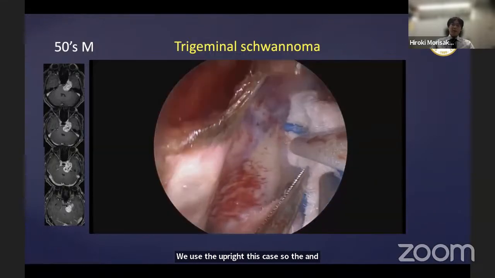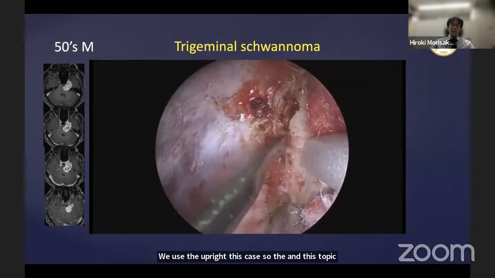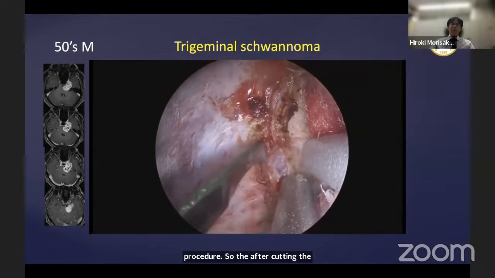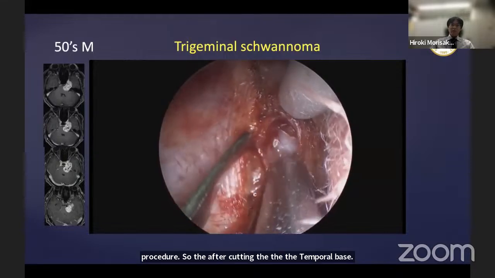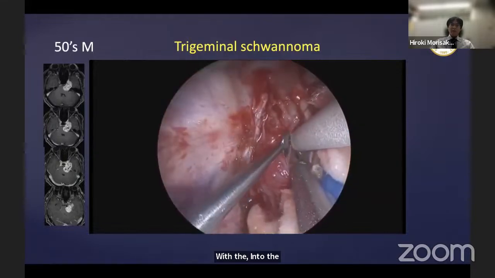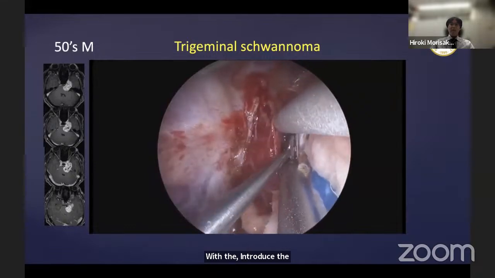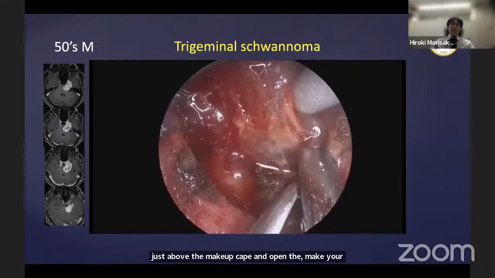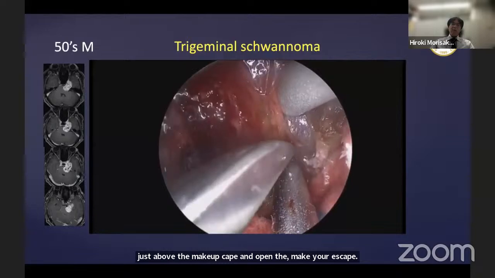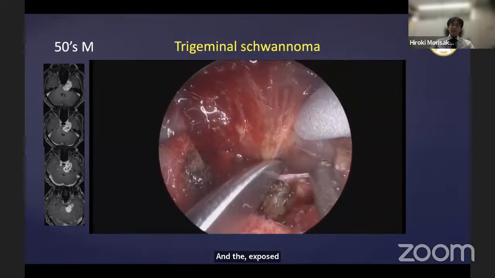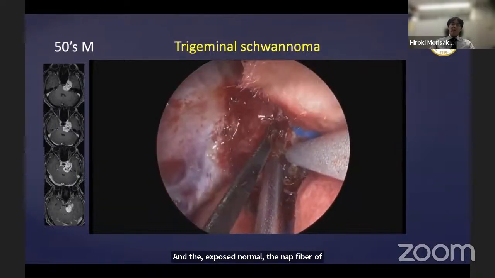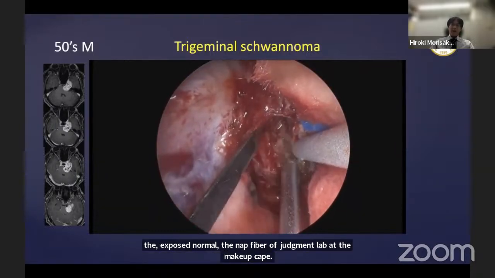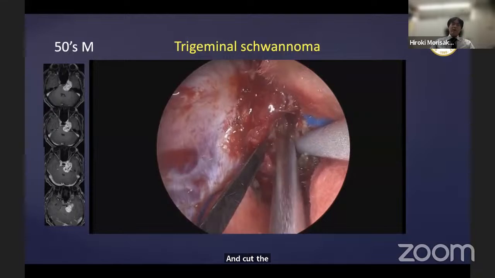After cutting the dura mater of the temporal base, we introduced the endoscope and reached just above the Meckel cave, opened the Meckel cave, exposed the normal nerve fiber of the trigeminal nerve at the Meckel cave, and cut the tumor capsule.